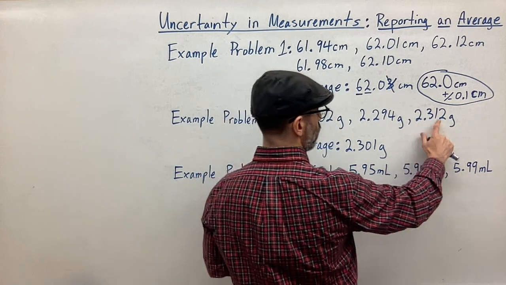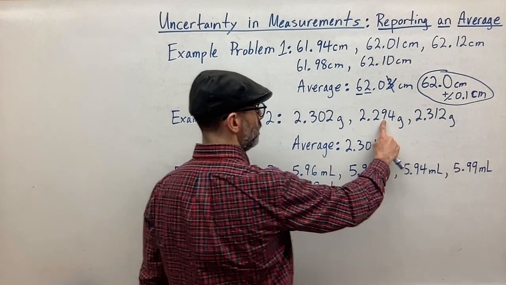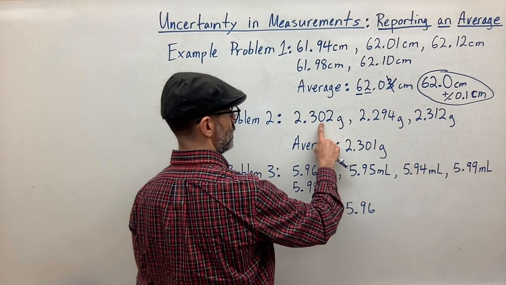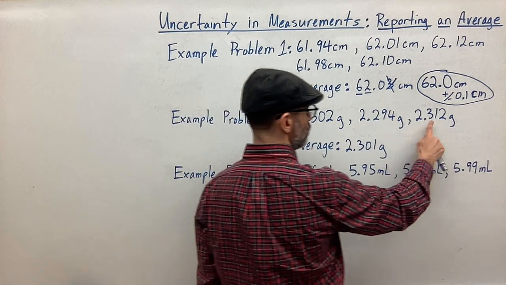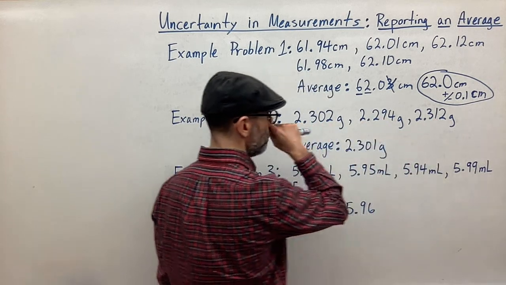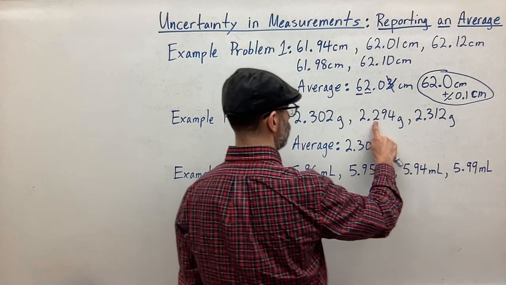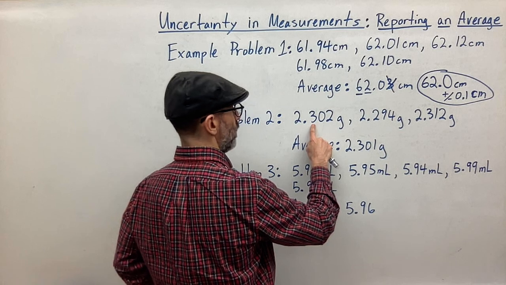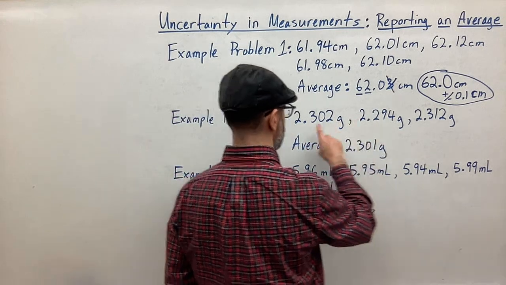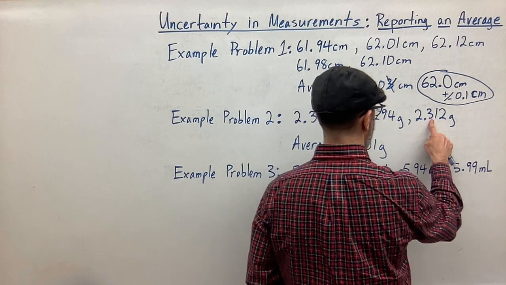And then for the hundredths place, I have a 1, a 9, and I have a 0 there, right? So it seems to be uncertainty there. And then here I have a 3, a 2, and a 3, right? So here it seems like there's uncertainty here. 3, a 2, and a 3 there.